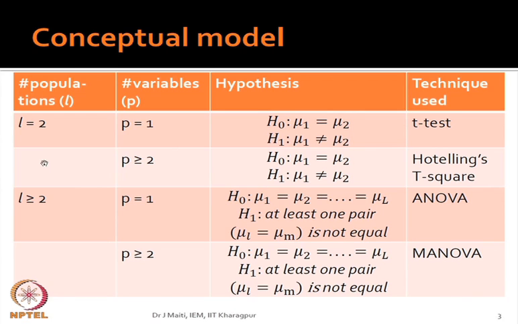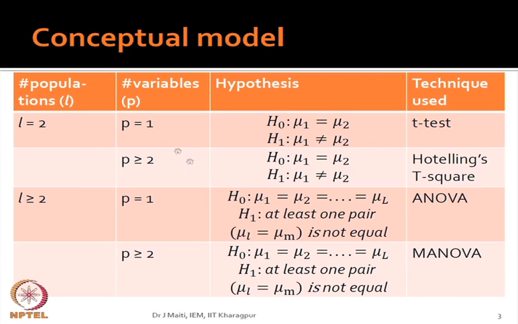You see this slide. Last class I have shown you that when L equal to 2, where L stands for number of populations, and p is 1, then we have used the t test, that is the difference between two population means, described as H0: mu 1 equal to mu 2 and H1: mu 1 not equal to mu 2.